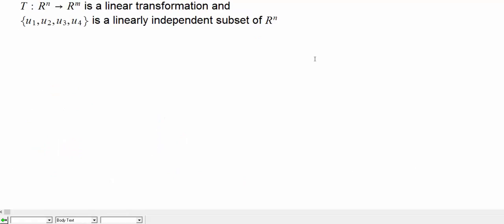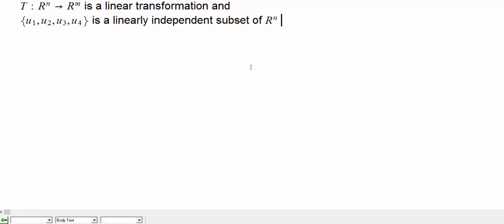Now let's check this question, that say we have a linear transformation, say the same one or a different one, and we have a linearly independent subset of Rn. They don't have to be 4 vectors. I just took 4 vectors as before, but it will apply to any number of vectors.